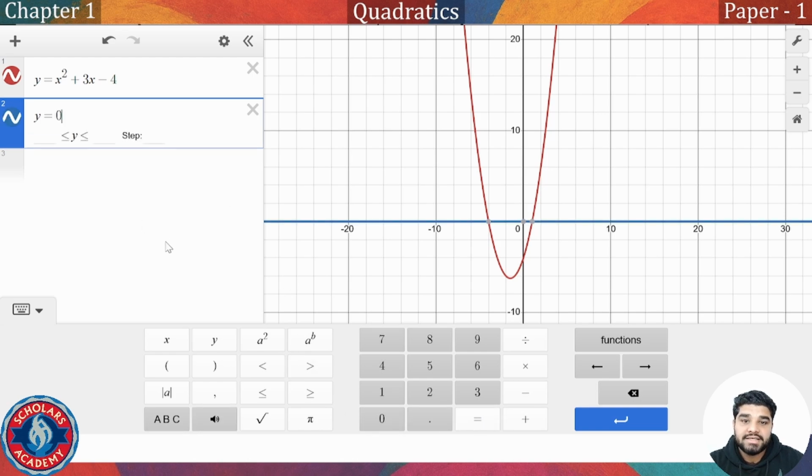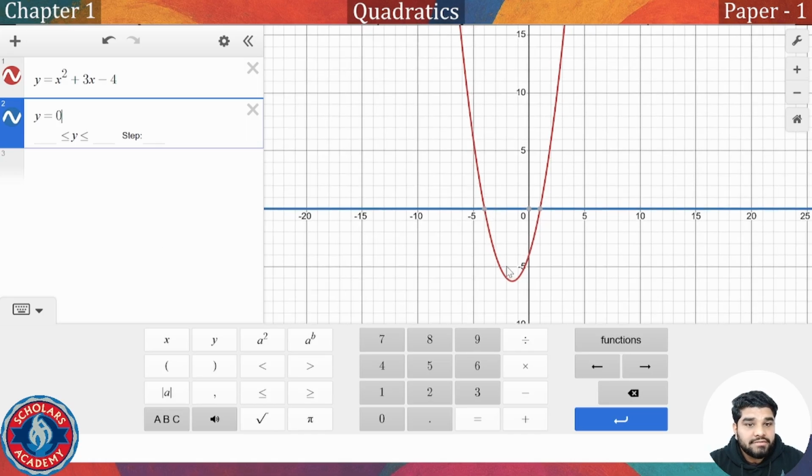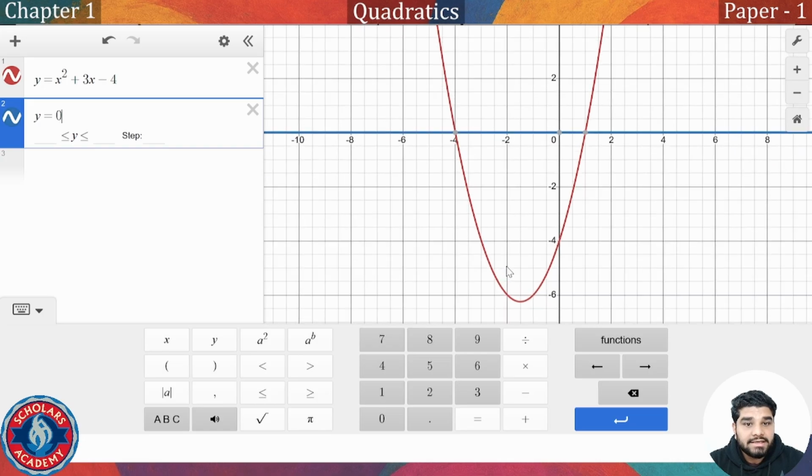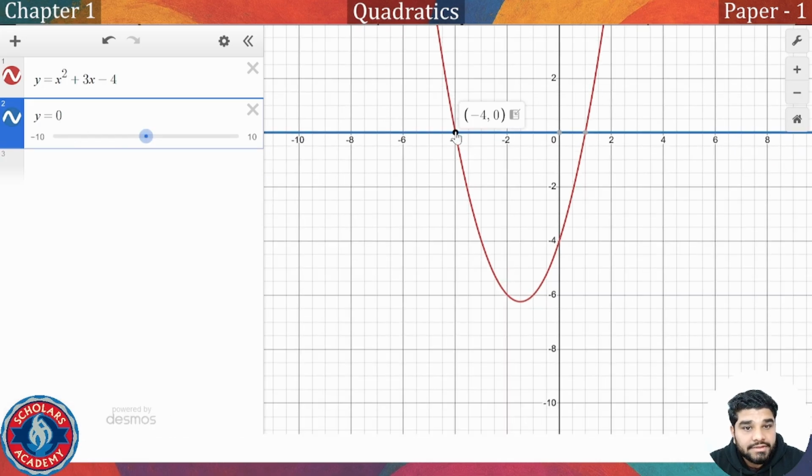This is the second equation we are taking, a linear one. Both of these equations give us a result that is the intersecting points of these two lines. So x is equal to -4 and x is equal to 1 are the two zeros or solutions of this quadratic equation when y is 0. So this was what we were doing up till now.